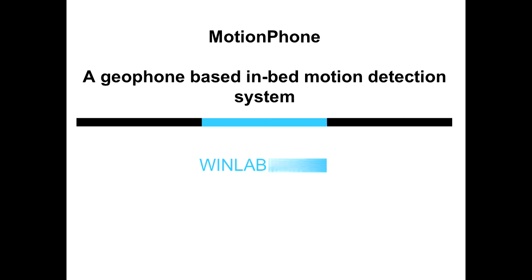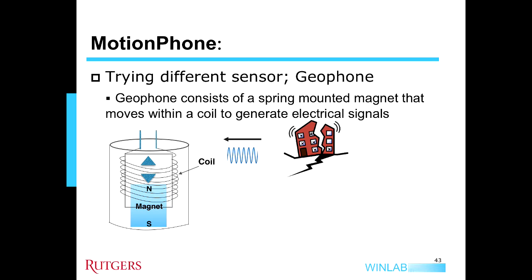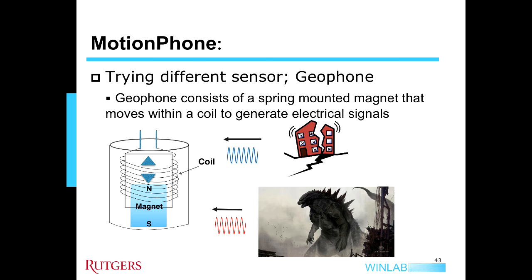One of the sensors to detect vibration is called a geophone. The geophone is basically the main sensor that's used to detect earthquakes. It's very sensitive in a way. If I put it on this table and I'm walking or close the door, it will give some oscillation, like some electrical signal.